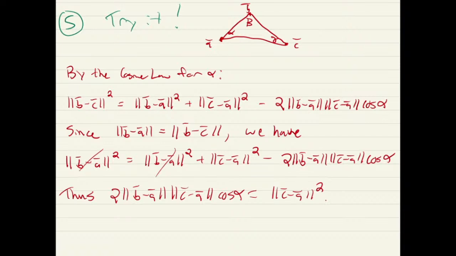I think I can solve for cosine of alpha there. So hence cosine of alpha is equal to, if I divide both sides by this piece, I get some cancellation with the norm of C minus A. But I still have one norm of C minus A left up top. The 2 goes onto the bottom, and I have the norm of B minus A on the bottom. That's cosine of alpha, folks.